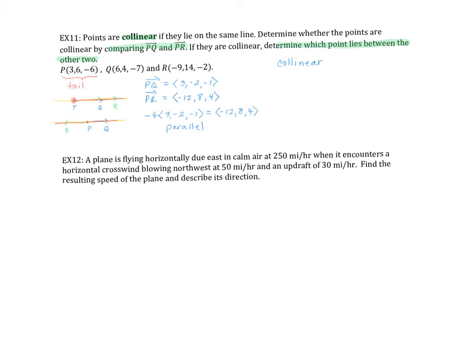So since I'm taking negative 4 times one vector, I'm changing the direction of one vector to go into the direction of the other. So it must be the case that P is between the two. So I didn't even have to graph these. Okay? I could see that it's collinear where P is between Q and R.